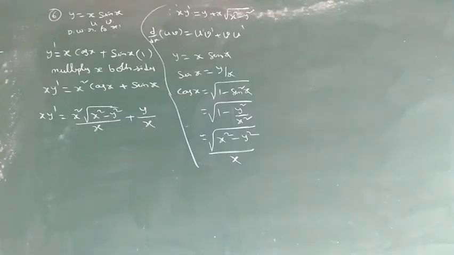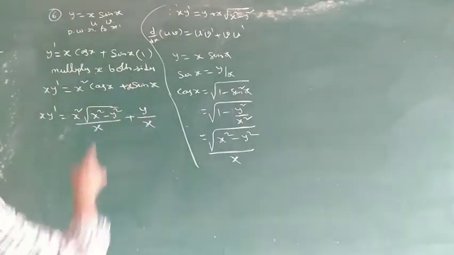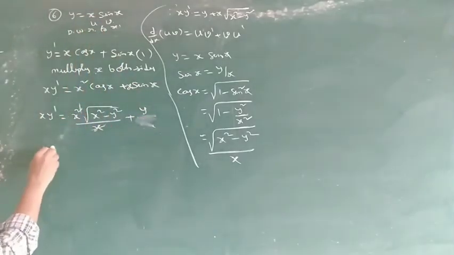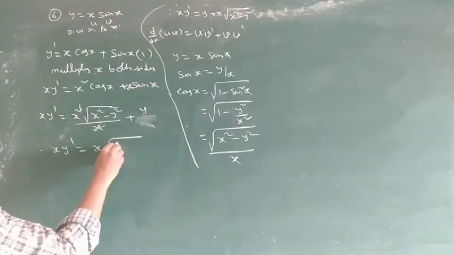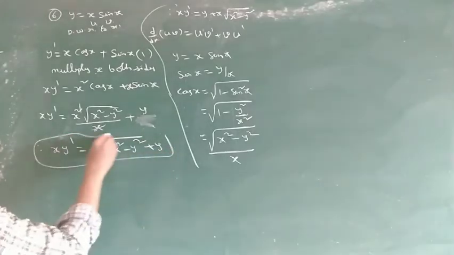Sin x is equal to y by x. So multiply with x means x square, x sin x. X sin x is equal to what? Only sin x. X cancel. Therefore xy dash is equal to x into root of x square minus y square plus y.